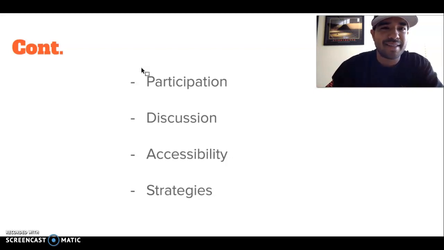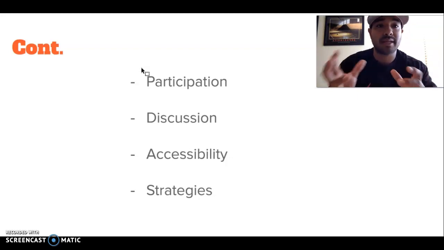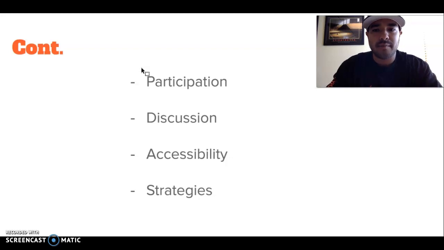It's not going to mean anything to them, and they won't be able to participate if they don't understand the vocabulary, and more specifically, academic language. I'll touch on that a little bit more. Accessibility: if you're giving students tasks to comprehend and get this conceptual understanding and reasoning of a mathematical concept, yet they don't understand it, whether it's a word problem or just the directions and instructions, the task you're giving them is not accessible.